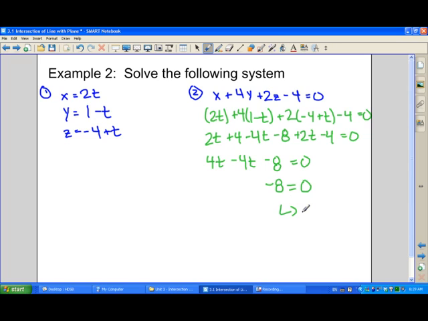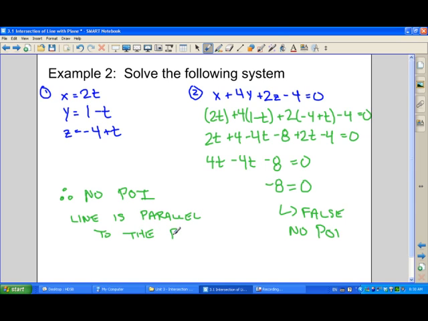This means that there is no point of intersection between this line and this plane. If we think about that, there's only one possible way that a line will never intersect a plane, and that is when the line is parallel to the plane.